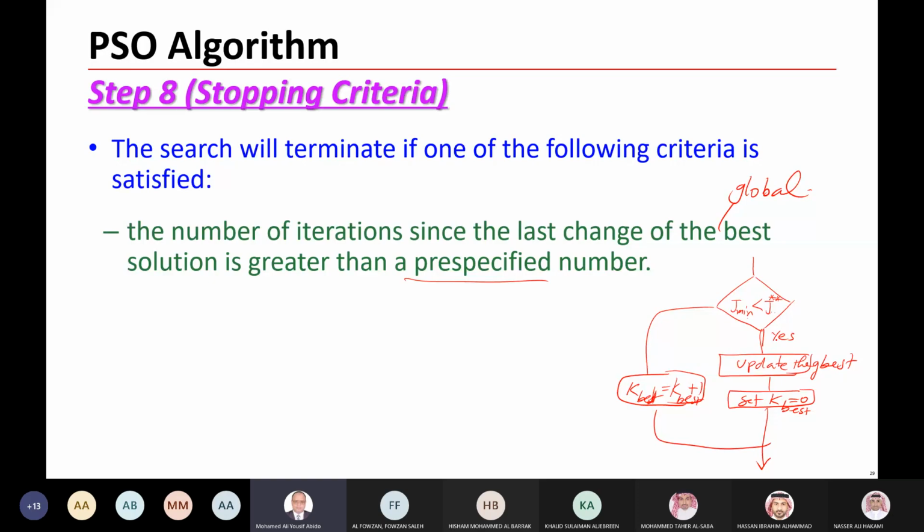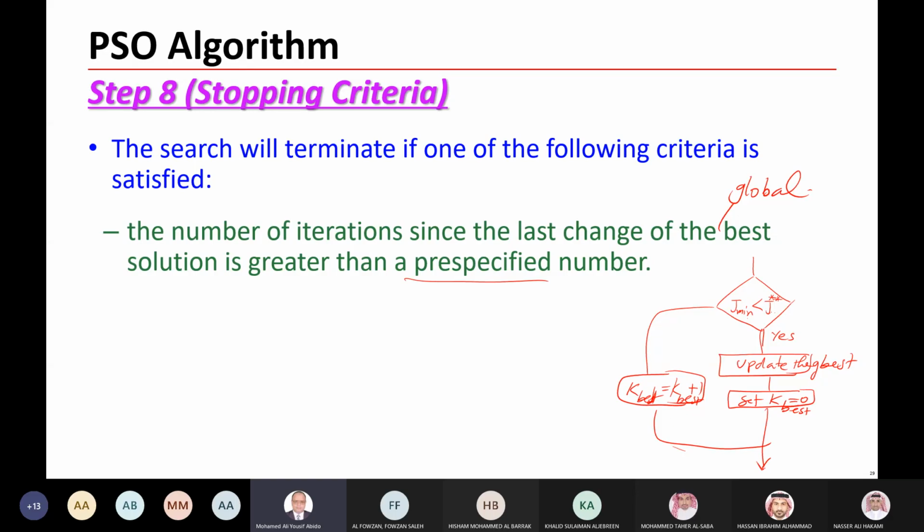So either you update or you go directly to the next step. Once you update the global best, you set the counter to 0. If you don't update, then the counter increases one after another and so on.